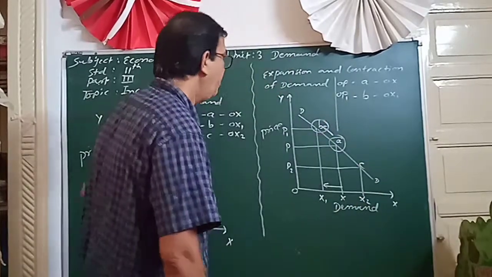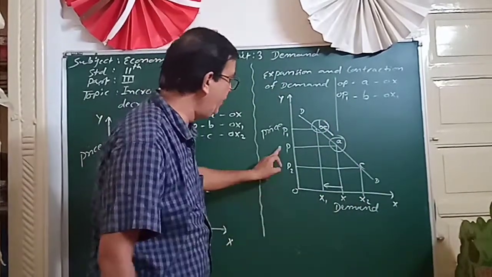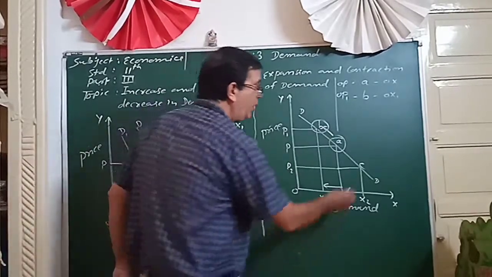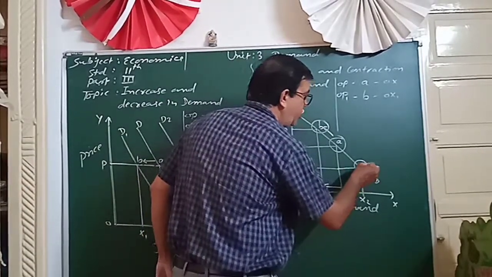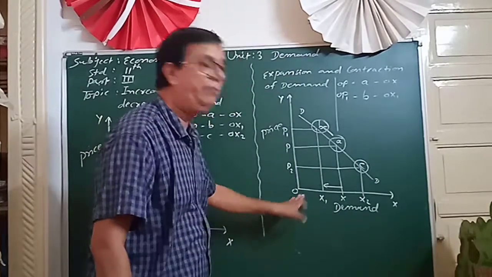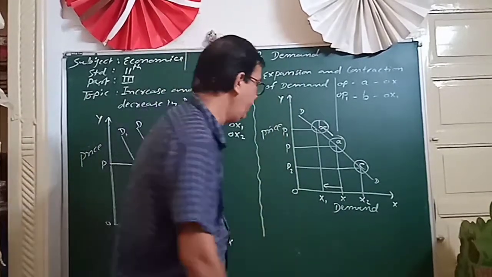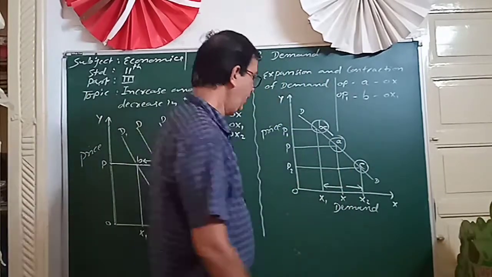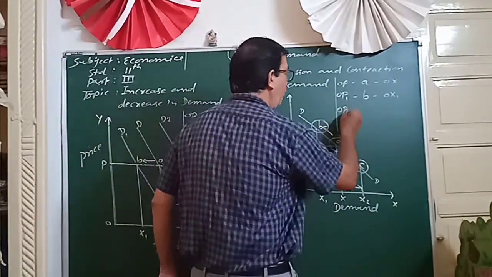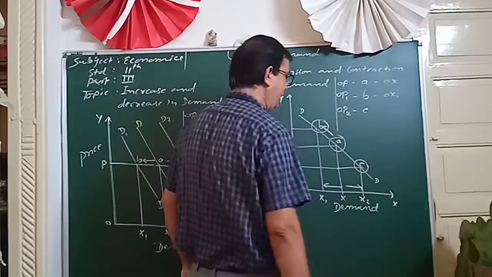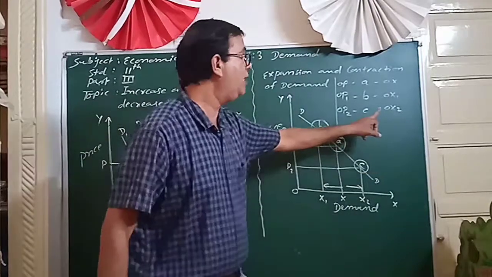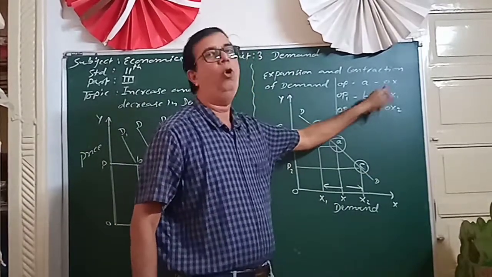Now price decreases from OP to OP2. So price decreases, and because of that the equilibrium point is C. At that time demand increases from OX to OX2. So here your price is OP2, equilibrium point C, demand OX2, and OX2 is more than OX.